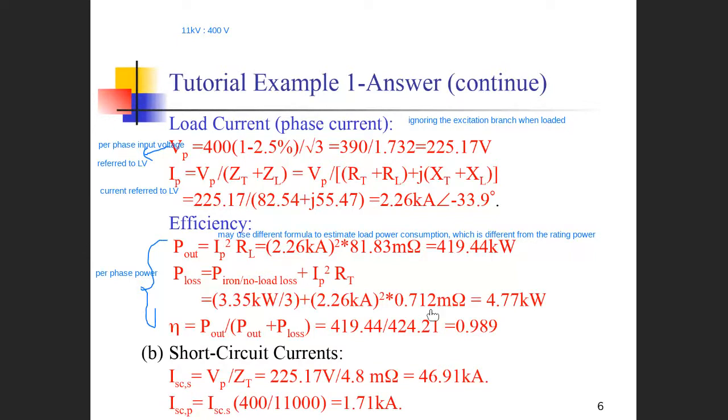Secondary referred internal resistance of the transformer, both primary and secondary together. So you can get the losses. So therefore, the efficiency can be easily found out.